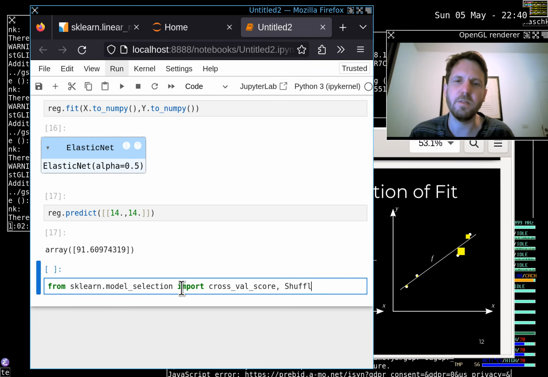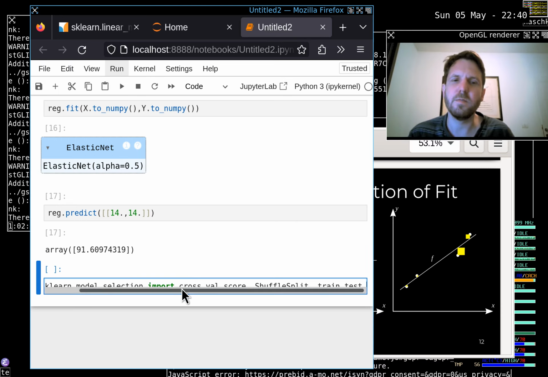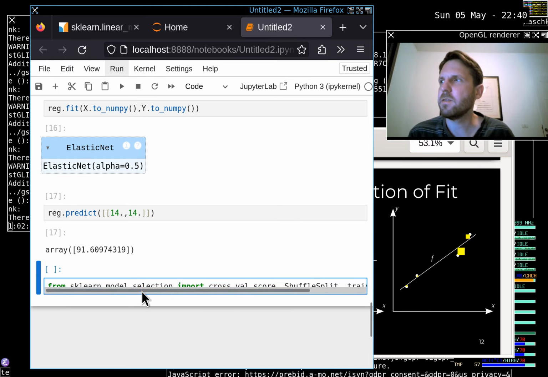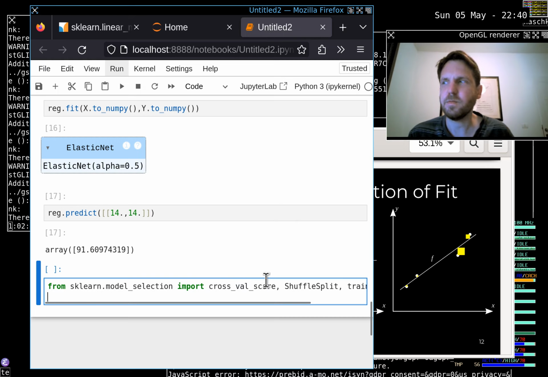We need the shuffle split that we will use, and we will do a train test split in order to build the final model. Then, new for the regression story, we need the R2 score.